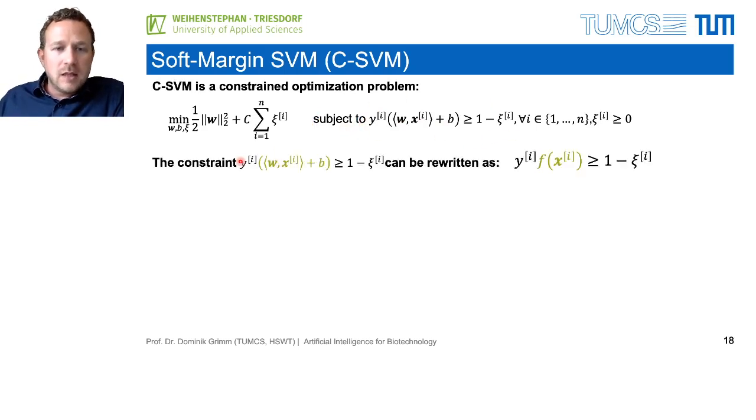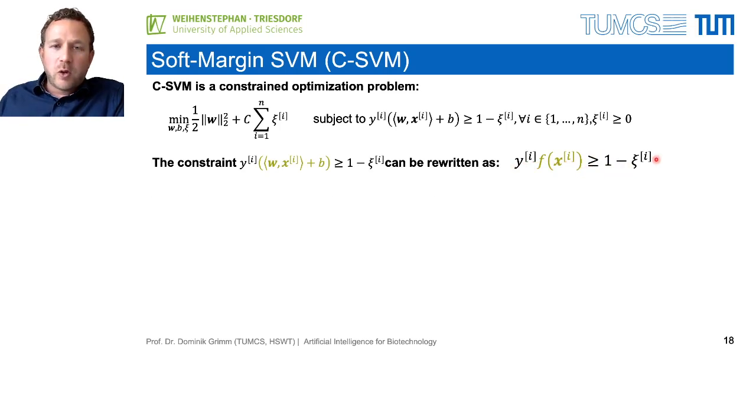We take this constraint and we can rewrite it by substituting this stuff by f of xi. This is nothing else than our linear function applied to the point xi. So yi times f of xi should be greater or equal than 1 minus xi.